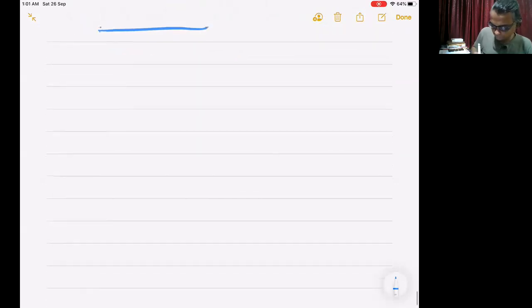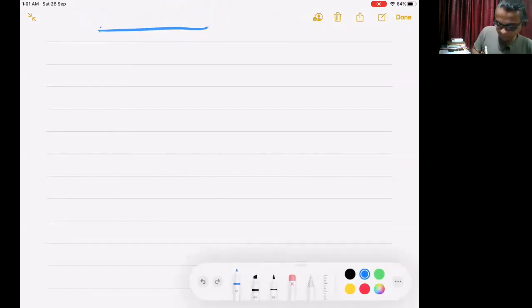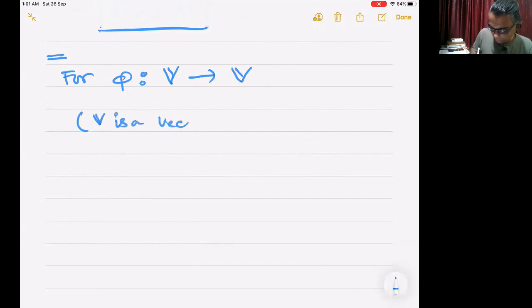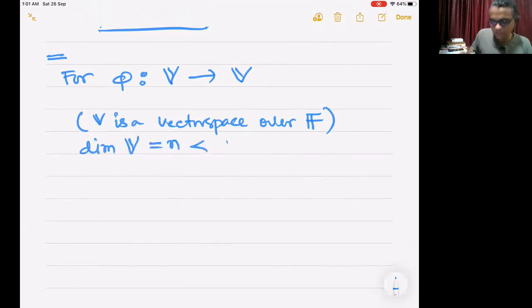So we have phi, let me do it this way, for phi from V to itself, where V is a vector space over a field F, dimension of V is equal to n, which is finite.